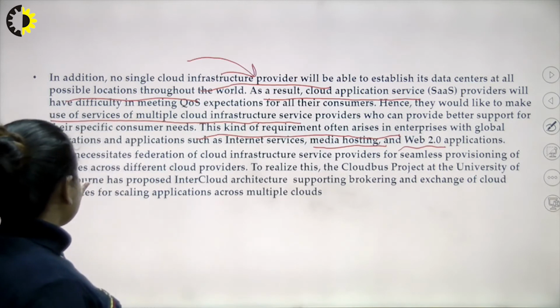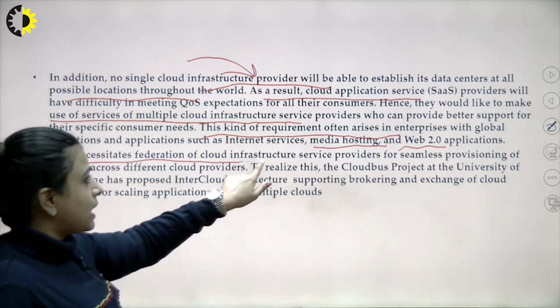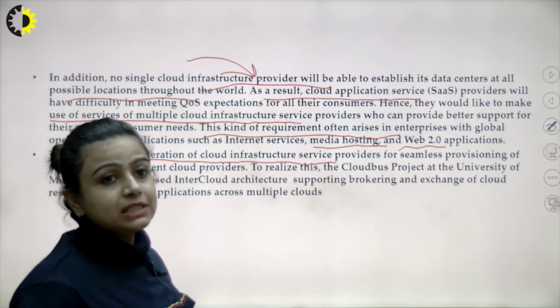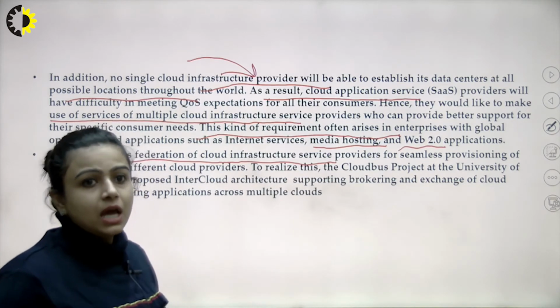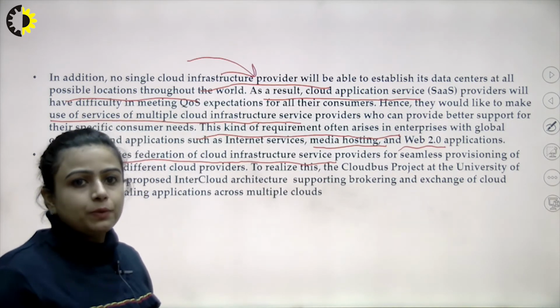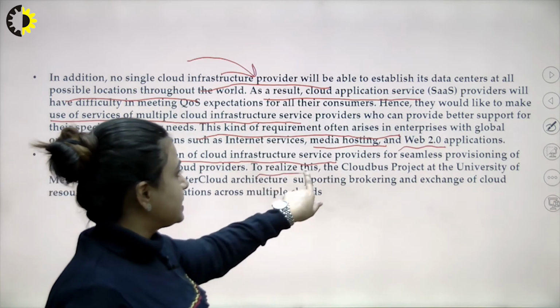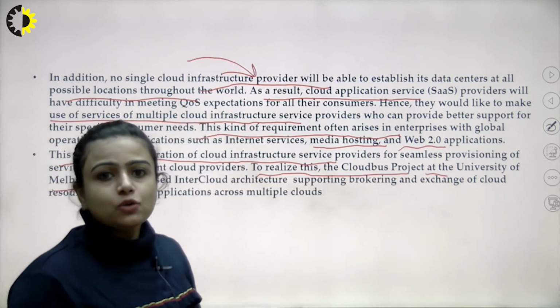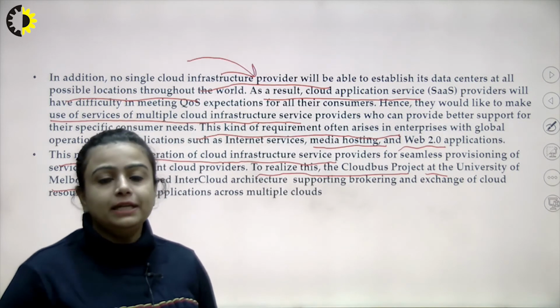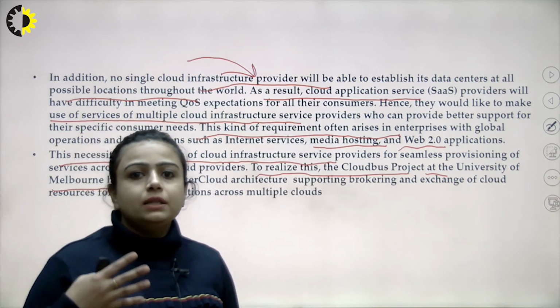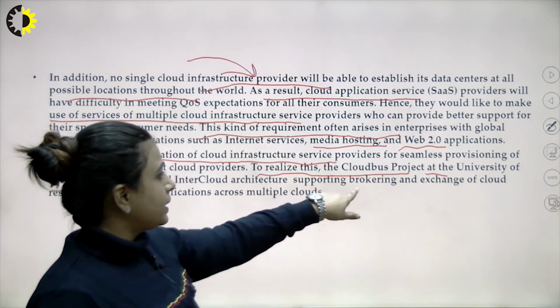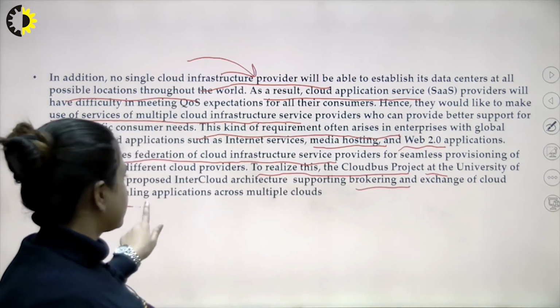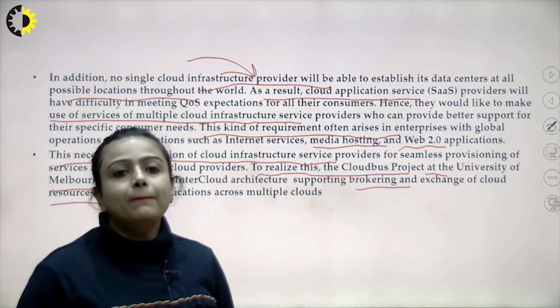This again necessitates the federation of cloud infrastructure service providers for seamless provisioning of services across different cloud providers. To realize this, the Cloud Bus project at the University of Melbourne has proposed the Intercloud Architecture, supporting the brokering and exchange of cloud resources for scaling applications across multiple clouds.